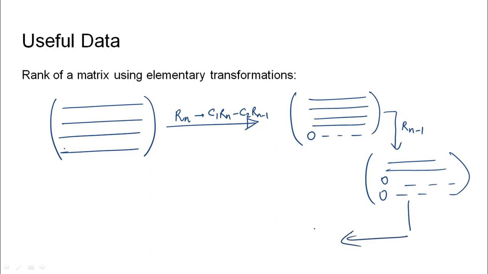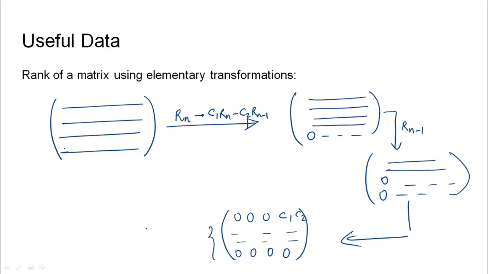After repeating this process, in the end we will have rows with entirely 0 and a certain number of rows which may be left with certain elements.